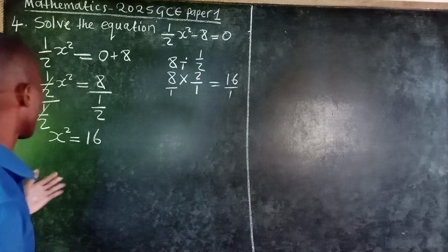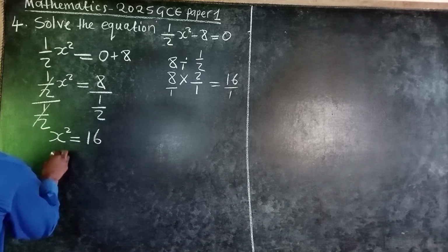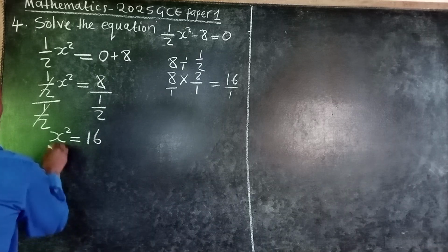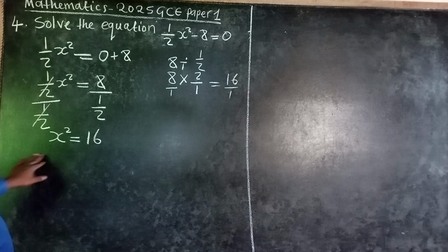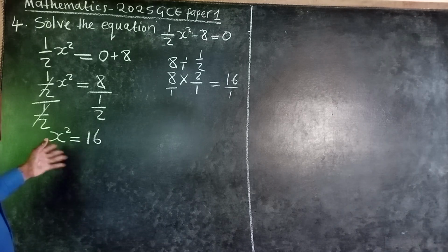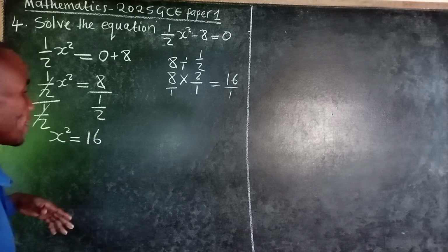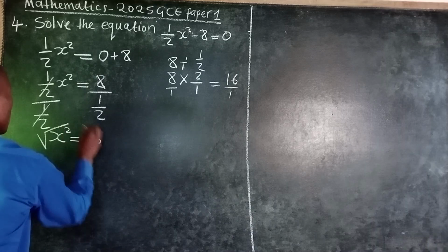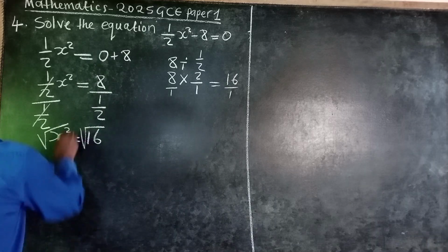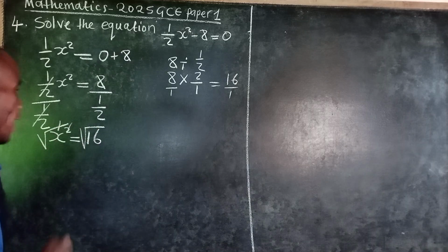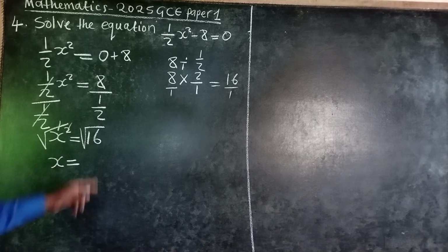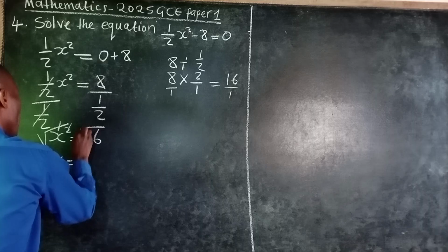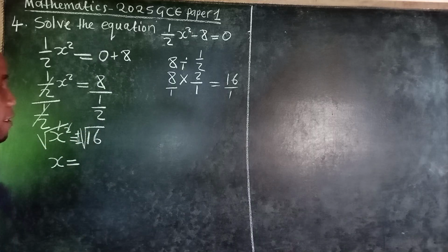Then from there now we can proceed with this one. So what do we do here for us to remain with x? Because the question says solve for x, we are solving the equation. So we need to make sure that we only have x, not x squared. So we need to introduce the square root, both sides. Okay, so this square root will go with the square, and we are going to remain with x this side. x is equals to, what is the square root? Because the moment you introduce the square root, you should say positive, negative. What is the square root of 16?